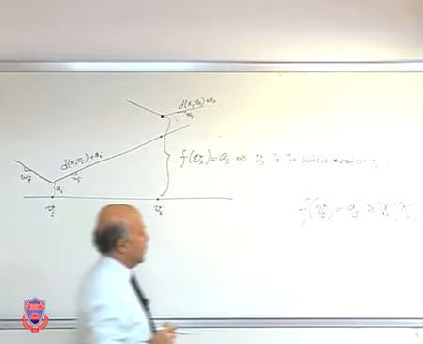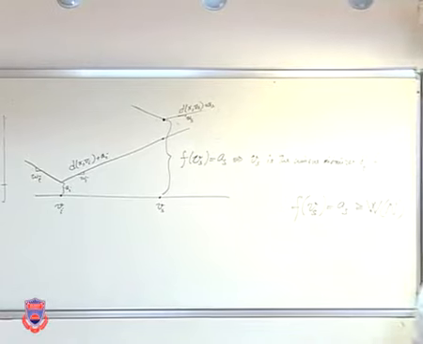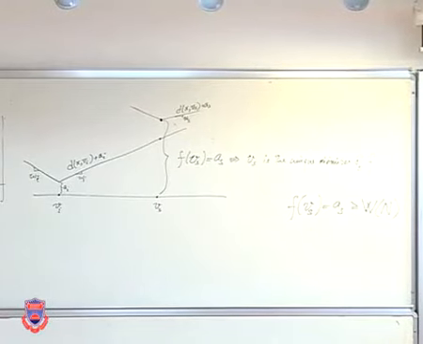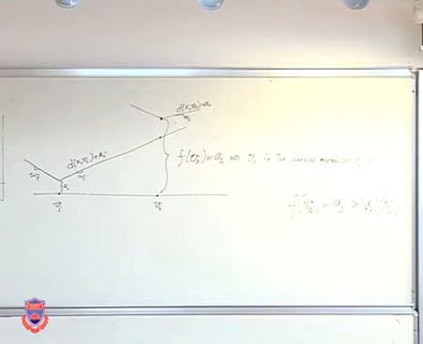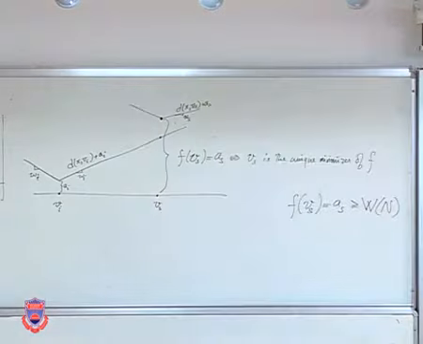Now, what happens when you have the following? Wn in this case is greater than Ai for all i.